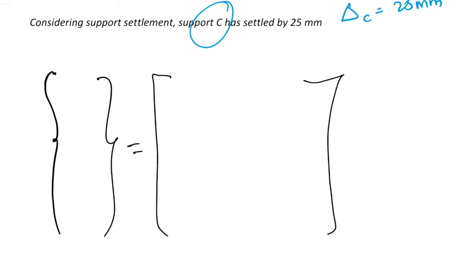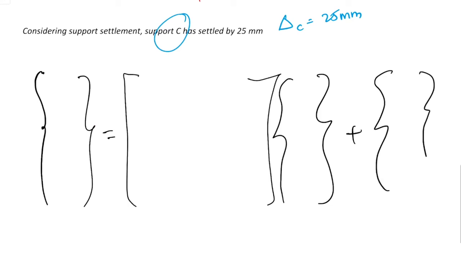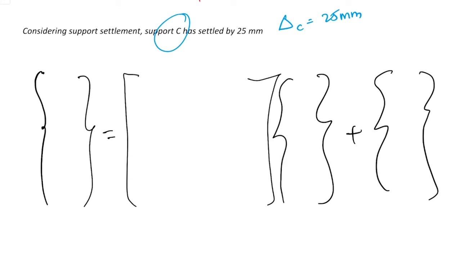This is for D, this is for Q naught, this is Q, the nodal forces. This is K, the structure stiffness matrix in full, meaning an 8x8 matrix.